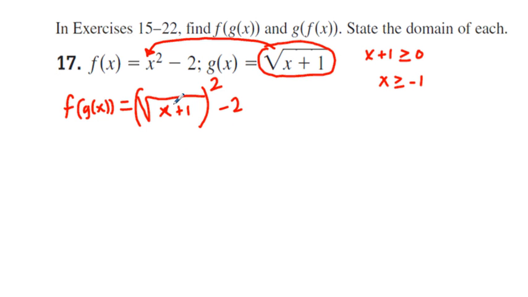When we square this out, the square root and the square cancel each other.